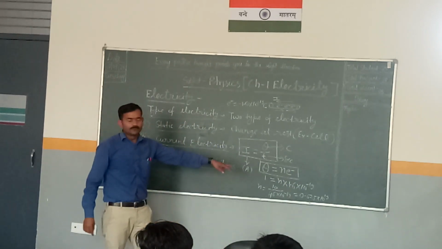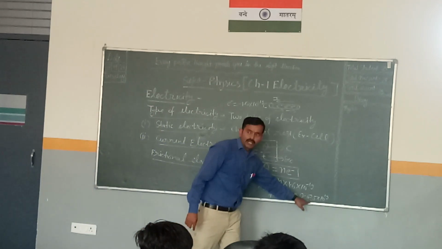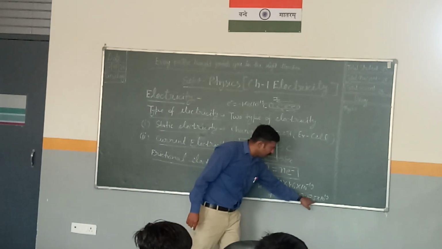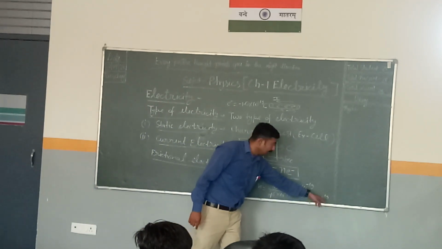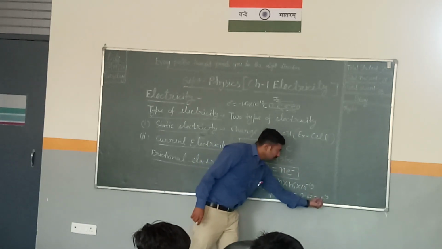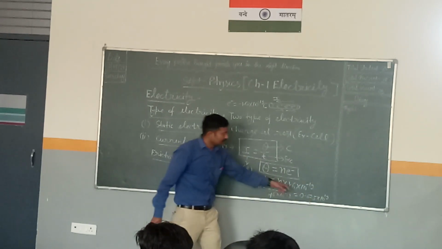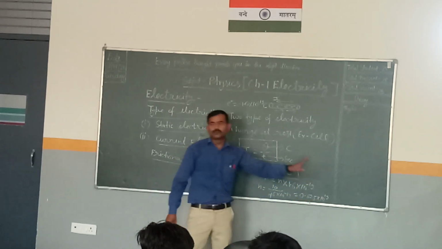Write this value in standard form as 6.25 into 10 to the power 18, because I have taken a 10 from here and multiplied it into this value. Then it changes to 6.25 into 10 to the power 18.